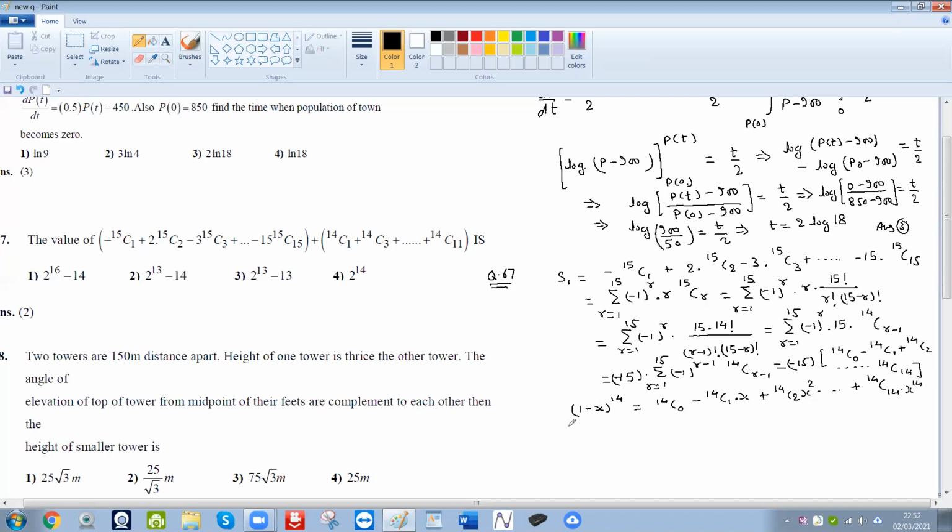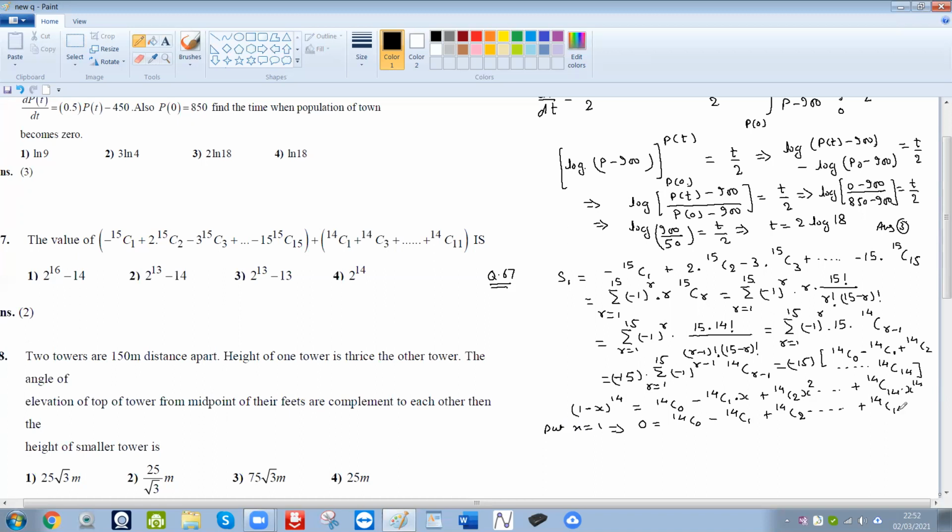Now if I put x equal to 1 in this expansion, I will get 0 equal to 14C0 minus 14C1 and so on.